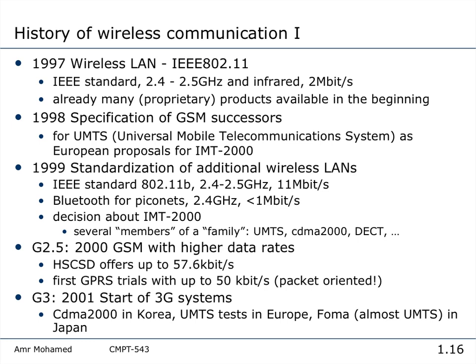So in the early days of wireless LANs, we talked about them only to provide data, because we already had cellular or wireless communication for voice. So in the early days, this is for voice and this is for data. Okay? So wireless LANs were built around the packet switching concept.